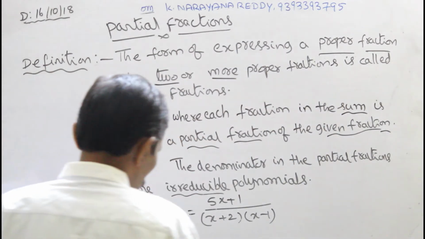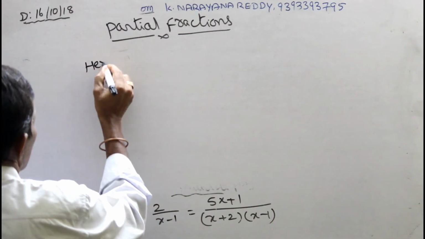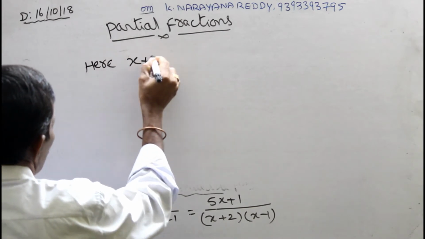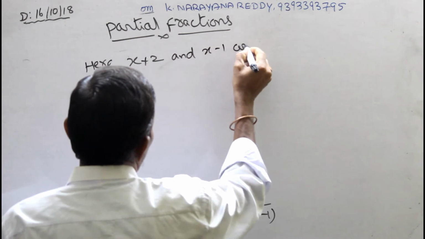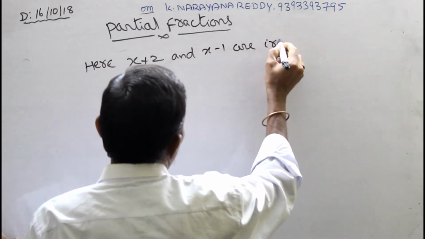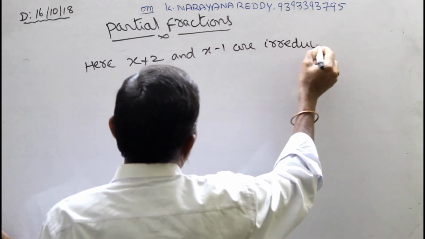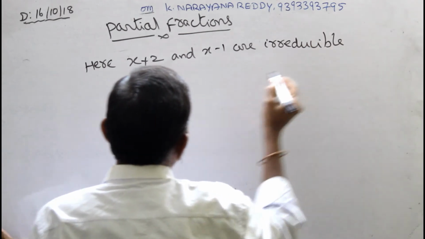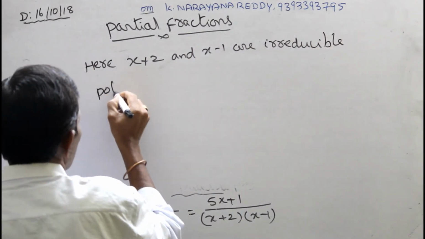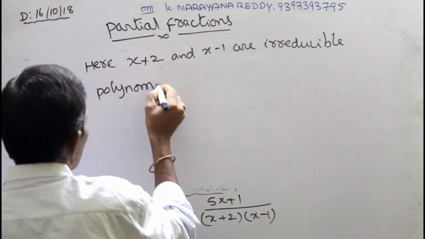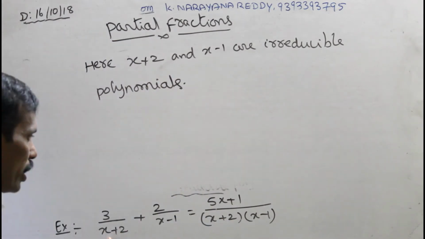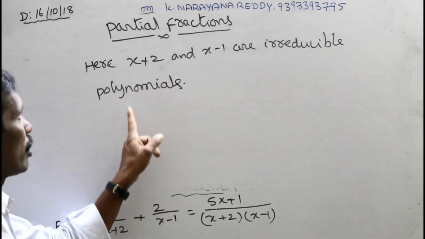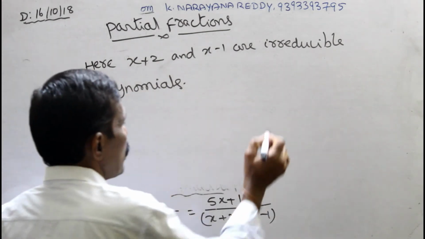Here, x plus 2 and x minus 1 are irreducible polynomials.